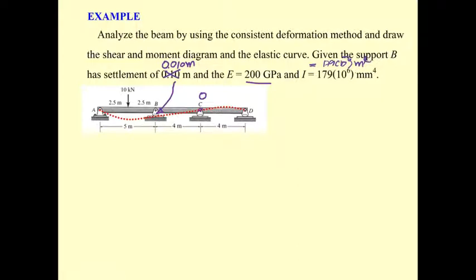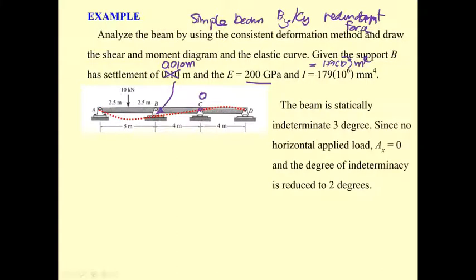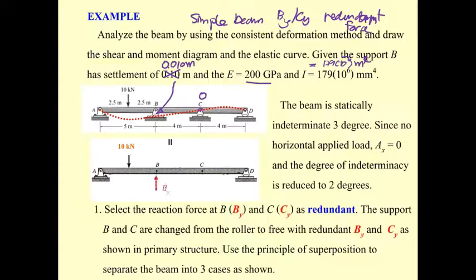Now, as before, we would like to turn the beam into a simple beam. So we set C sub Y and B sub Y as the redundant forces, just as before. Based on the principle of superposition, we will separate the beam into 3 cases.